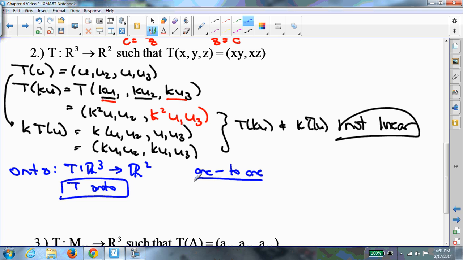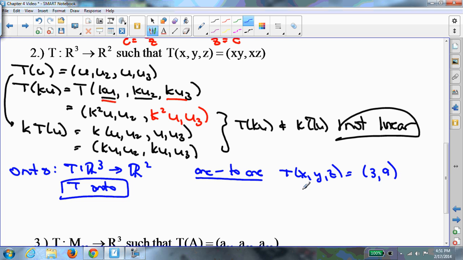Well, I want to show that one solution could actually come from two different vectors. So let's make up an example. Let's say I had T of x, y, z equal to something like 3 and 9. The question is, could I have a single value of x, y, z that would map to 3 and 9?